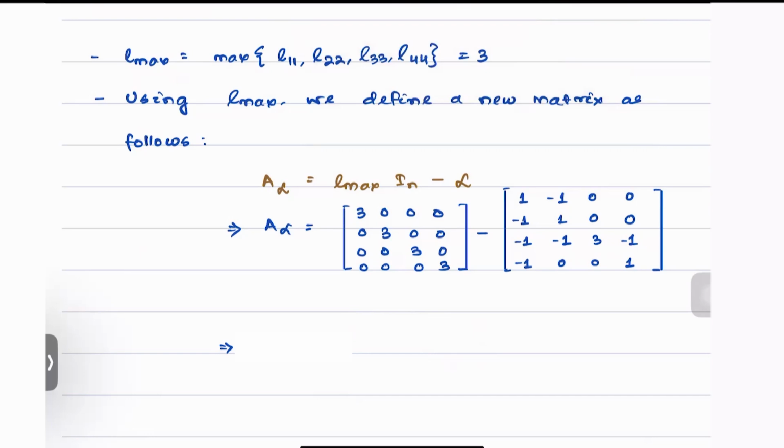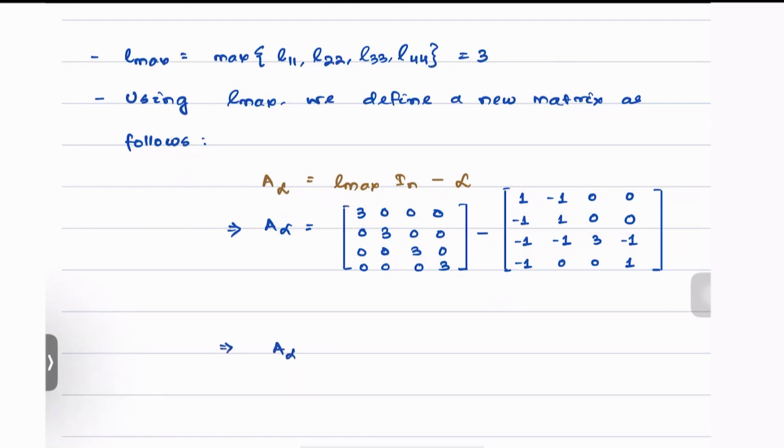We see here that all of the off-diagonal entries of a Laplacian are always non-positive, meaning when we subtract it, all of the off-diagonal entries of AL will always be non-negative. And what will happen to the diagonal entries? The diagonal entries again will always be non-negative. The reason being that it will be equal to 0 for that particular row which has the diagonal entry equal to L max. But for every other row, it's going to be a positive number.